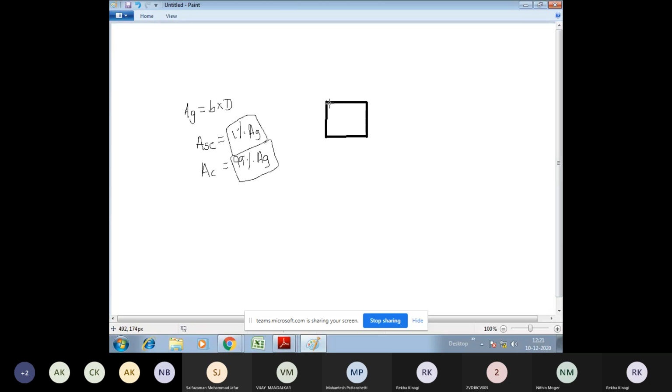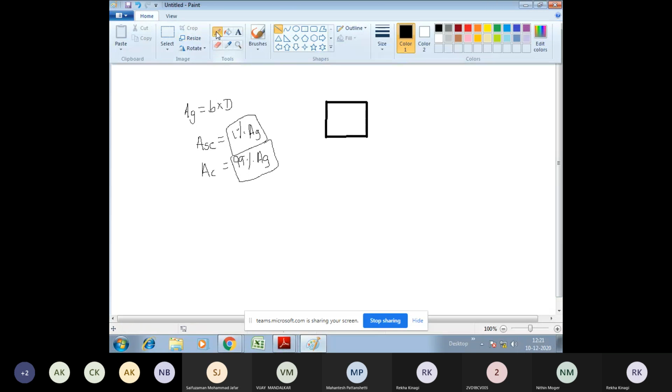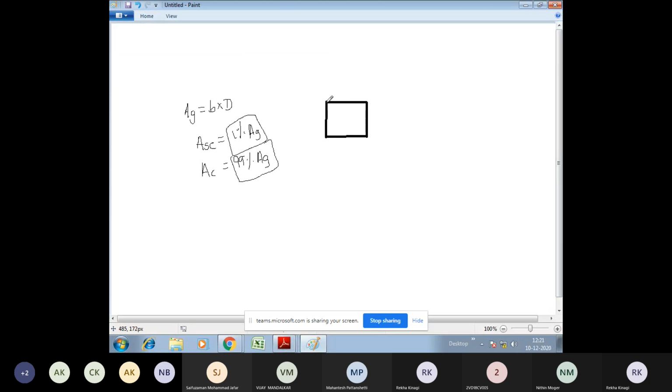Now, if this is the column, we can say that at the corners at least we are going to provide 4 reinforcement bars, and by seeing this, you are supposed to provide 4 more at the centers.